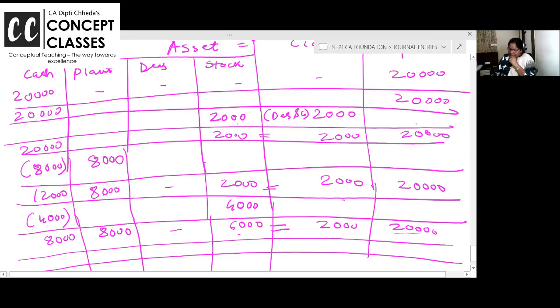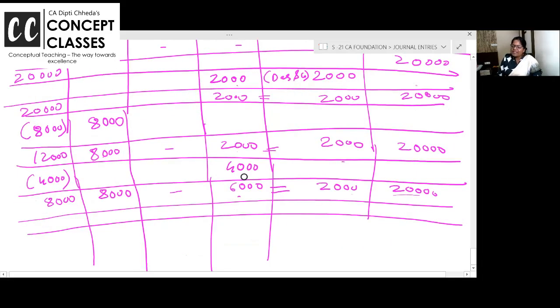Yeah. Any doubt? Clear? I was waiting so that if you have skipped copying anything, take it down with understanding. I missed writing the date column. We can make a date column as well.